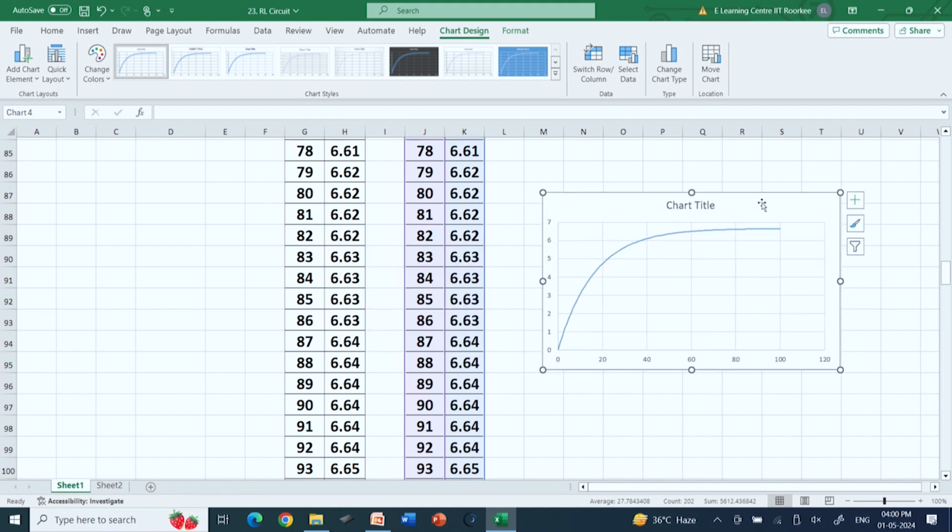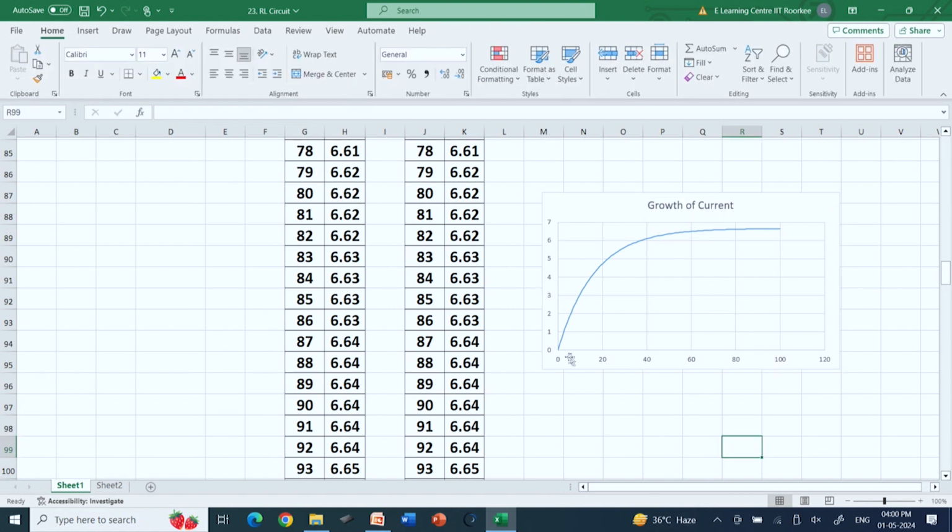So this is the figure. Here I can just change the title to growth of current. You can see that it starts from initial value 0 and slowly it is growing and ultimately reaching a steady state.